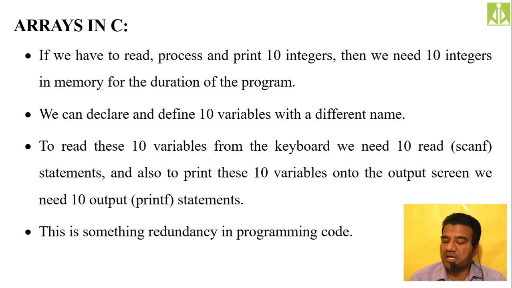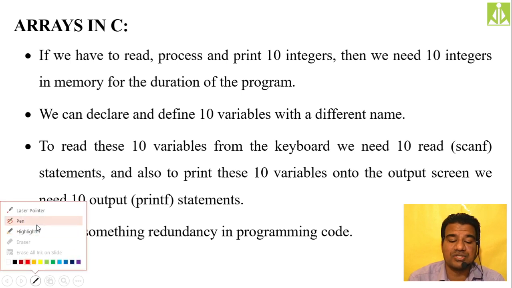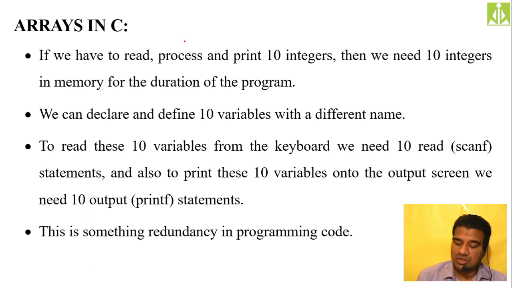Once again I'm giving the clarity on what is declaration, what is definition, and what is initialization. So when you are writing a simple statement, let us say I'm writing int a = 20. Declaration is nothing but giving the name to it.